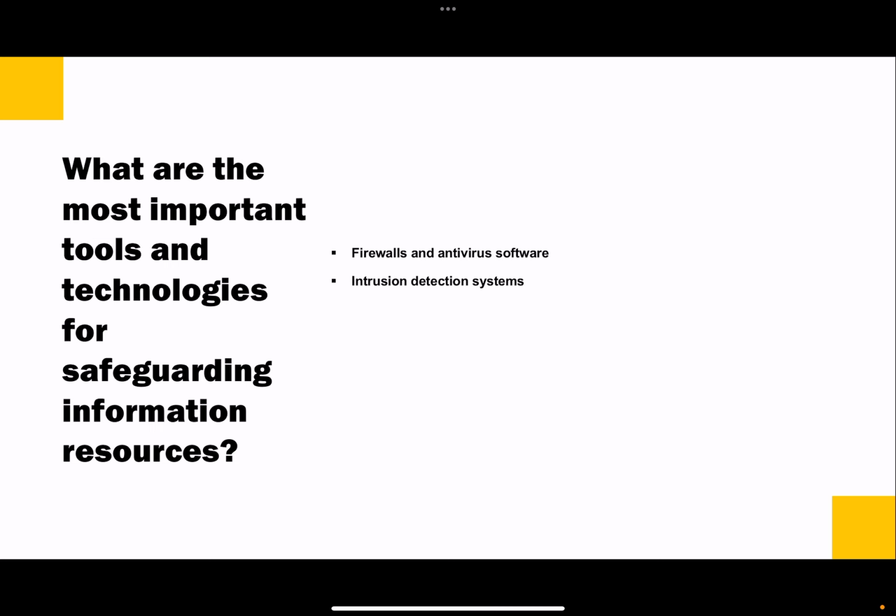Second, intrusion detection systems and encryption like SSL and VPN. Fourth, access control. Fifth, security policies and auditing tools.